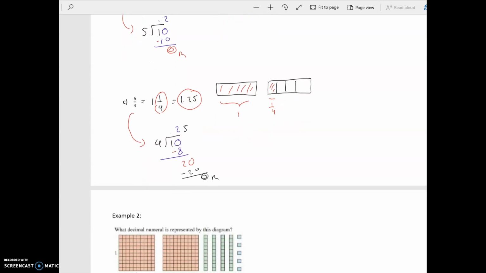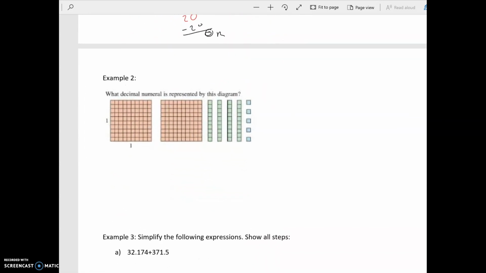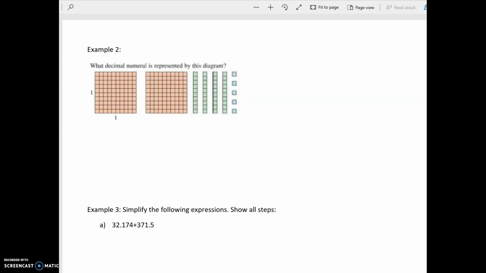Okay, let's go to example 2. In example 2, what they're giving us is a couple of integers and also a couple of single rows of the integers.